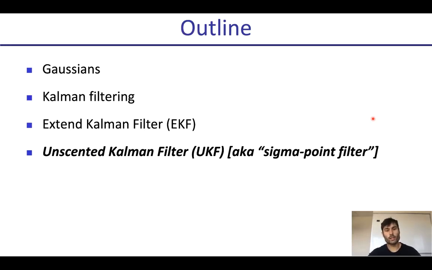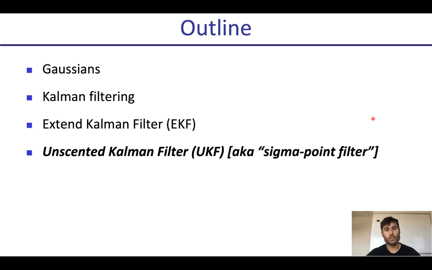Now we're going to explain the unscented Kalman filter, which is another way of doing Kalman filtering when you have nonlinear dynamics. Essentially, what the extended Kalman filter does is linearize the dynamics, approximate them, and then use all the machinery of the Kalman filter to compute the estimate of your state.